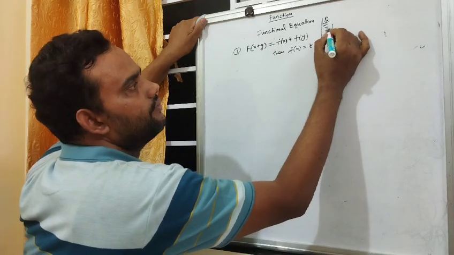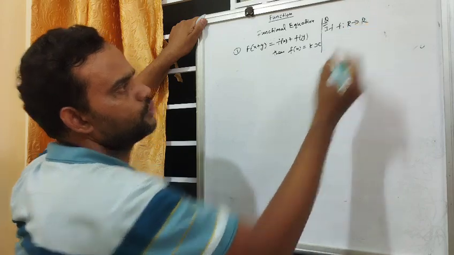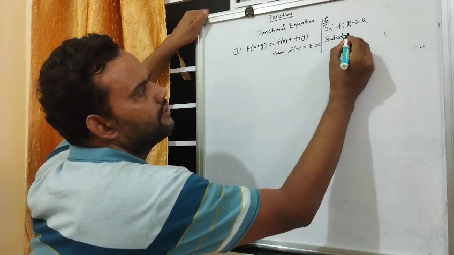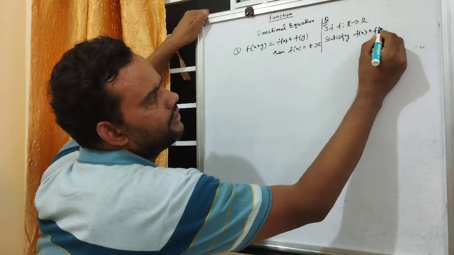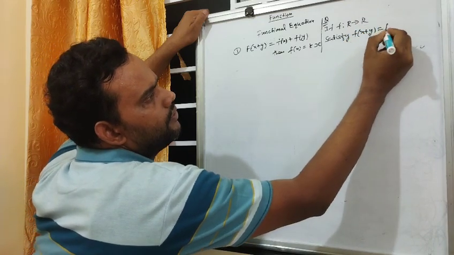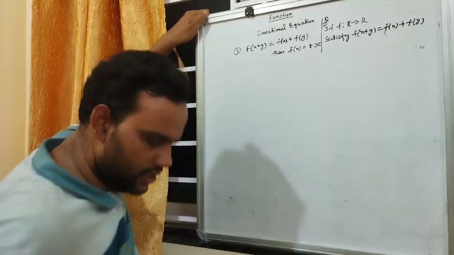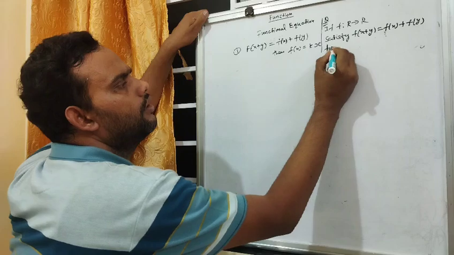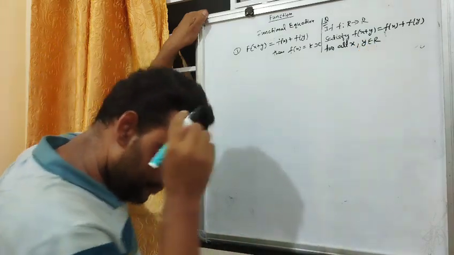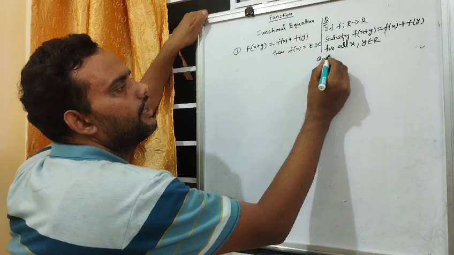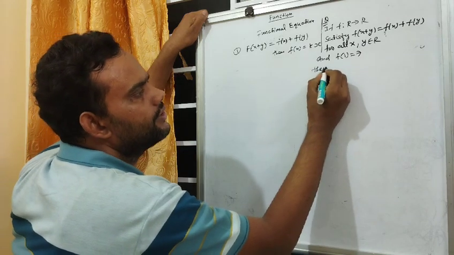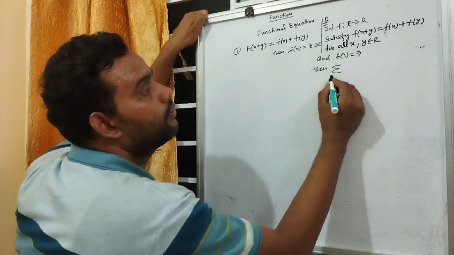If a function is defined from real to real, its domain is real and codomain is real, satisfying f of x plus y equals f of x plus f of y, that's given, for all x and y belongs to real, and f of 1 is 7, then they are asking the sum of f of r, r equals 1 to n.